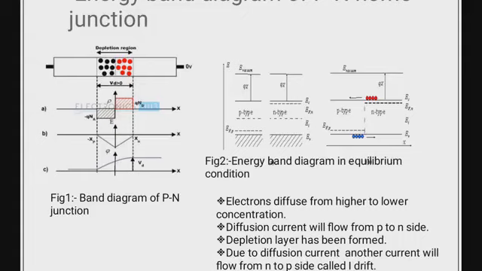This red circle denotes the positive immobile ions, and this black circle denotes the negative immobile ions. The width of this layer is called the depletion layer width, which is denoted by Vd, and this region is called the depletion region.